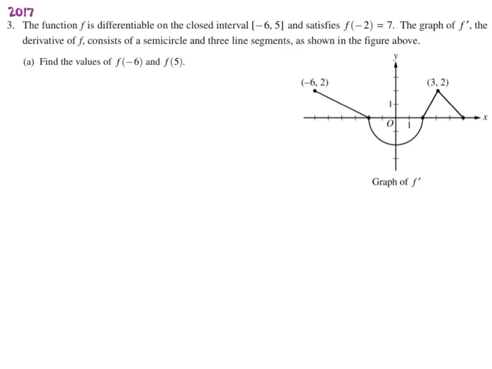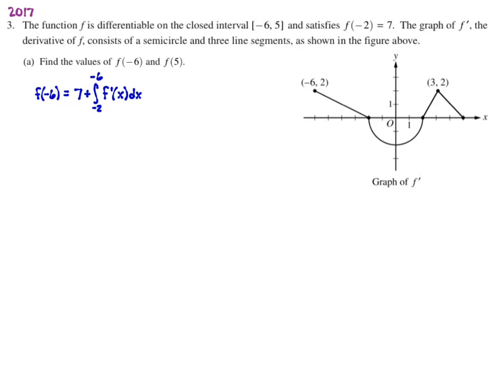So we could say that f of -6 is equal to the initial condition, and so here we have an initial condition of 7. So 7 plus the integral from the x value of our initial condition, so the integral from -2 to the value that we want, -6 of f prime of x dx.